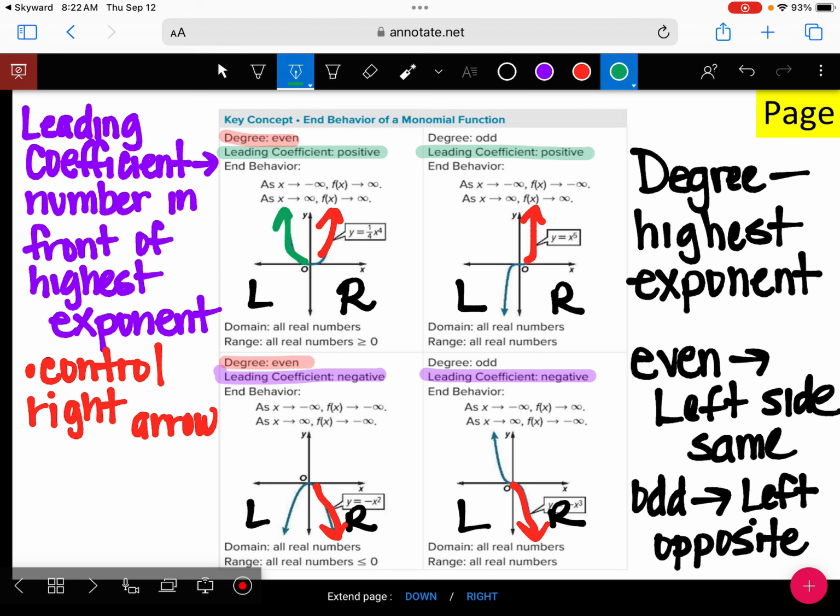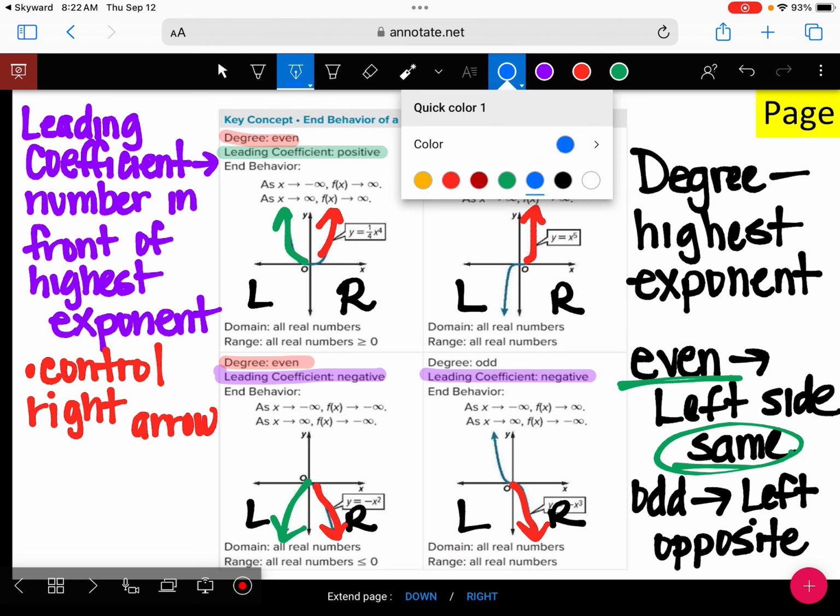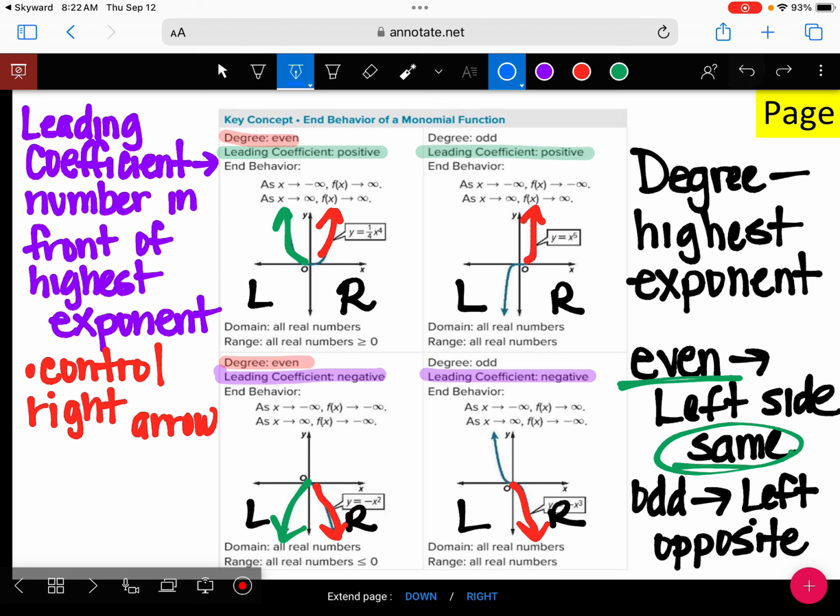The left side went up, or the left side went down. They matched. It's the same when it's even. See, either both sides are going to go up, up, or both sides are going to go down, down. But if it's odd, it's opposite.